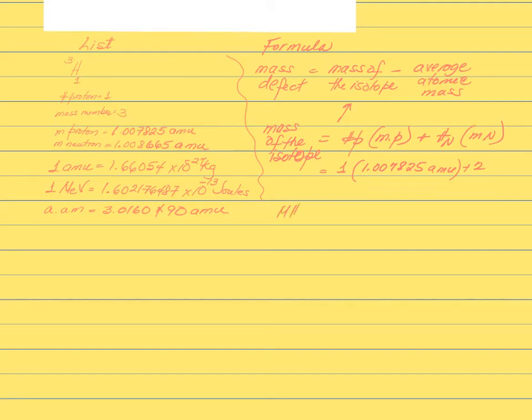Because the mass number is the number of protons plus the number of neutrons. The mass number is equal to 3 minus the number of protons. When you isolate the X, you have a 2. That 2 goes in the number of neutrons. Knowing the mass number and the atomic number of the element, which is the number of protons, you can find the number of neutrons in that specific isotope.